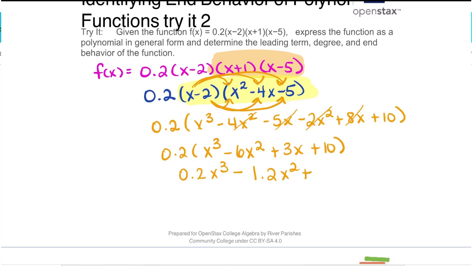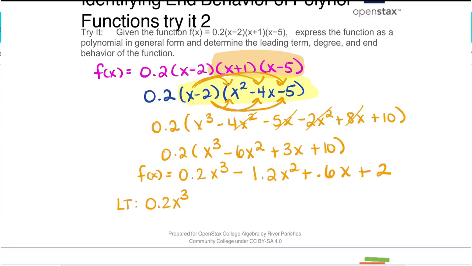Then 3 times 0.2 is 0.6x plus 10 times 0.2, and I get 2. So that is general form. Now, we need the leading term, which is 0.2x to the third. We need the degree, which is 3, and we need our end behavior.